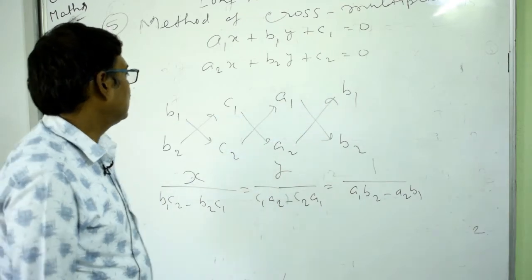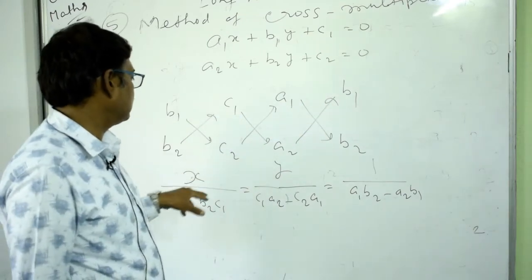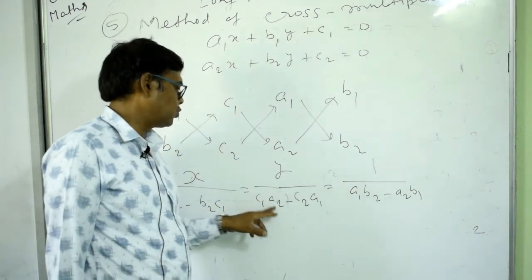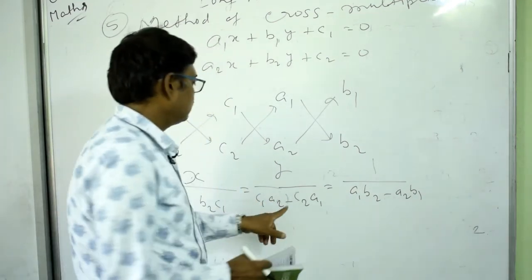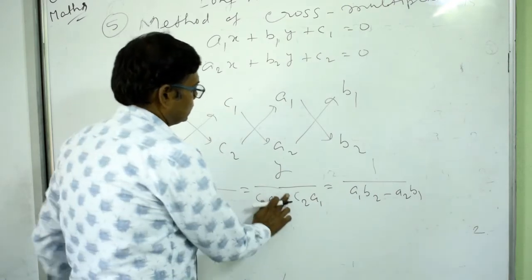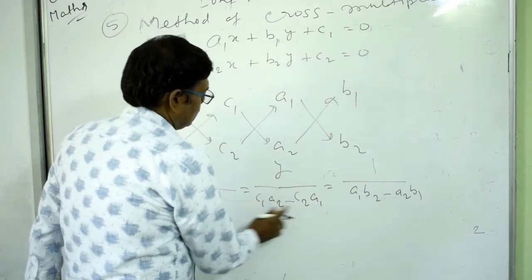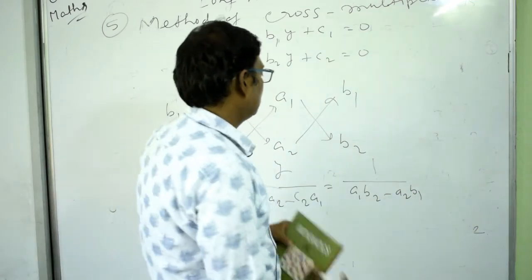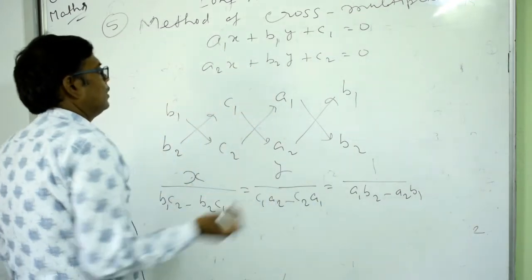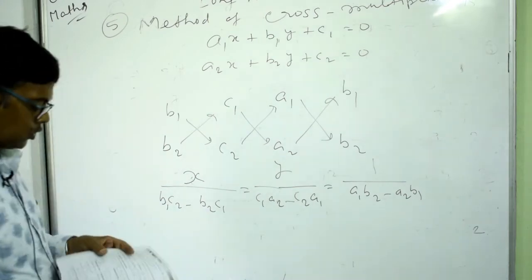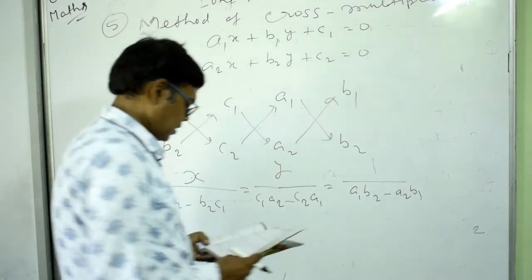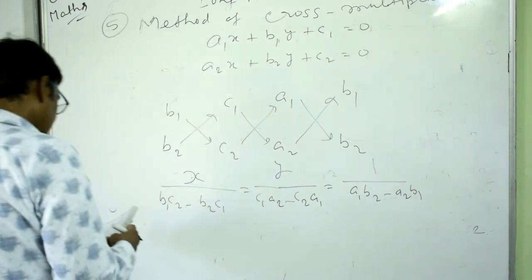Arrange this and then multiply B1 into C2, that is x by B1 C2 minus B2 C1, y by C1 A2 minus C2 A1, this is minus not plus here, and 1 by A1 B2 minus A2 B1. Okay, so remember this formula and then you will solve the question. So I will take one question from this and solve it by using the cross multiplication method.